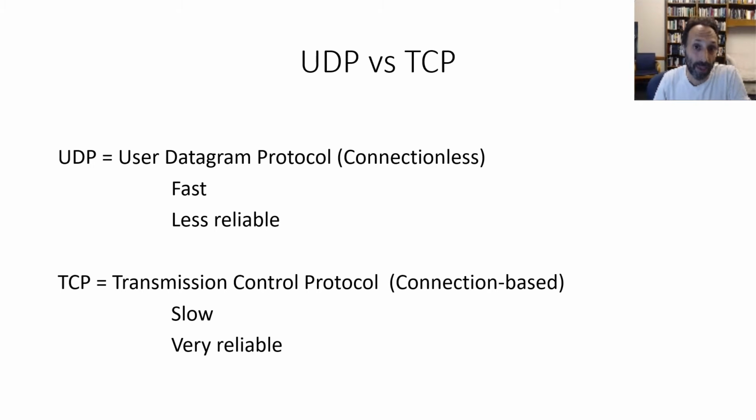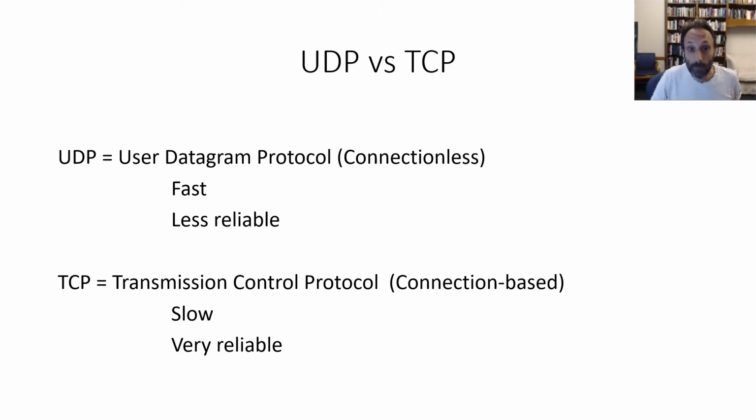TCP is different than that. When a TCP connection is made, there's a handshake between the sender and the receiver to make sure that there's a connection, like a phone call. You use TCP for things like websites where it really does matter that the packets come in the right order and they're connected in the right way.